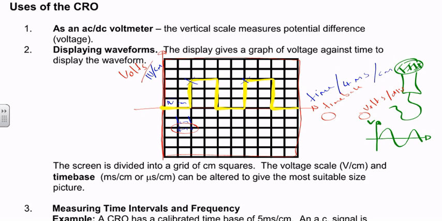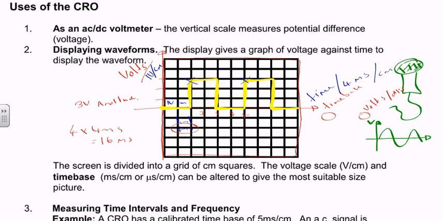It's 4 milliseconds every division, so we got 1, 2, 3, 4 divisions, so that makes 4 times 4 milliseconds, which is 16 milliseconds. Now, height. Each one of these divisions is 1 volt, so we got 3 volts in amplitude.